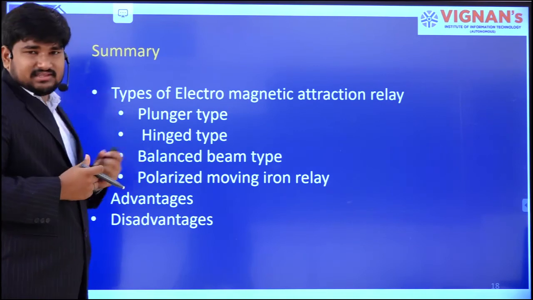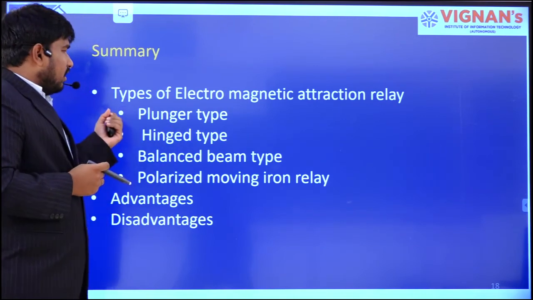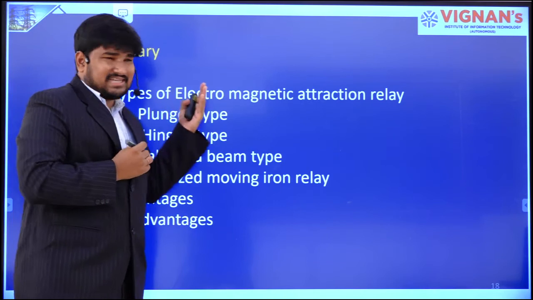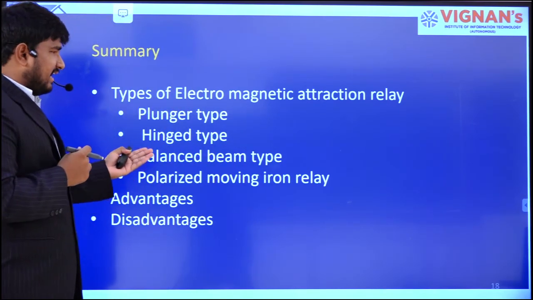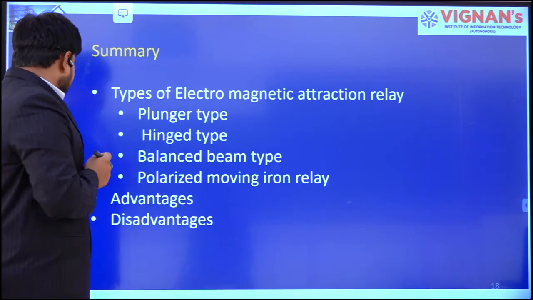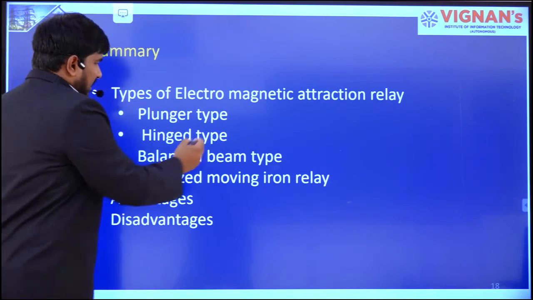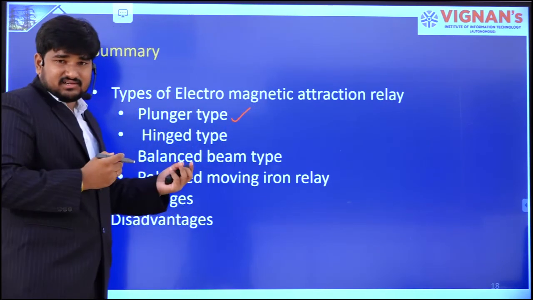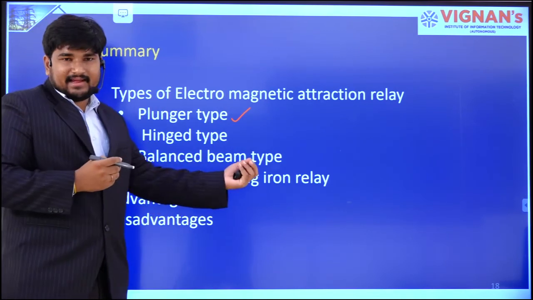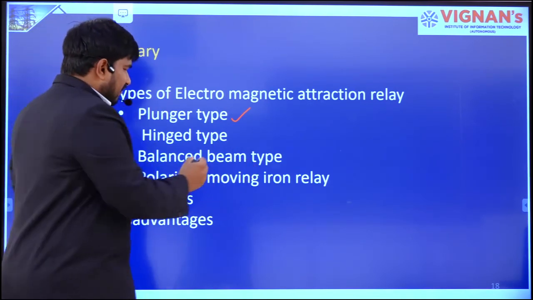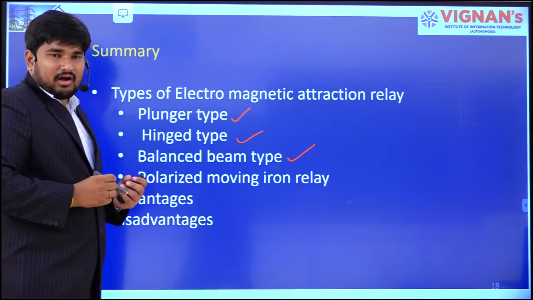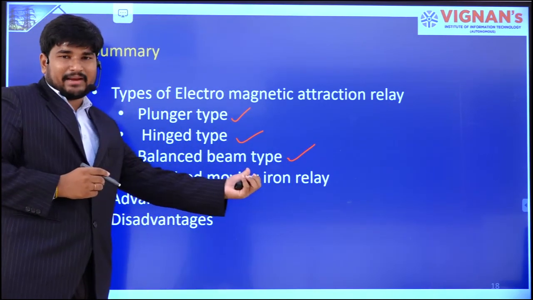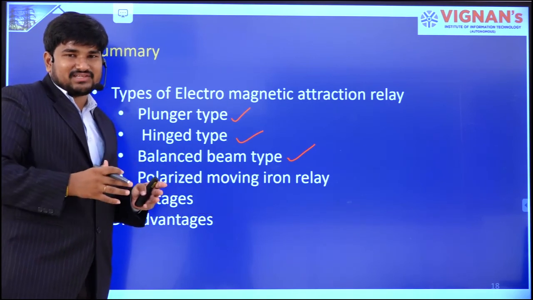If we summarize this session, firstly we have seen what electromagnetic attraction type relays are and their types. Those are plunger type or solenoid type, which we have discussed, Hinged type attraction relay, and balanced beam type. The balanced beam can also be useful for differential relays.